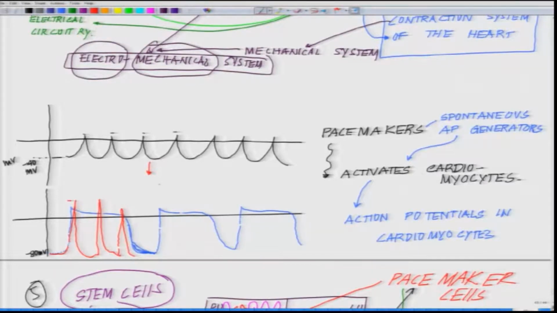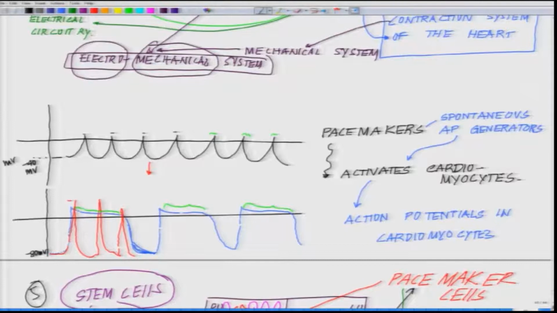Look at the plateau which it is taking, whereas no such plateau is being observed neither here nor in the neuronal ones, but cardiomyocyte showed that wonderful plateau. So let's go back and follow.